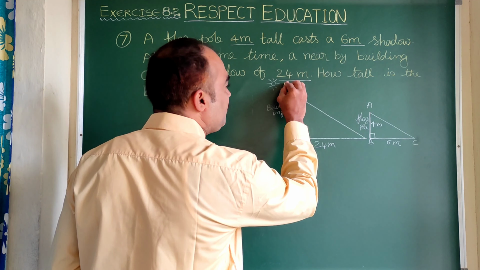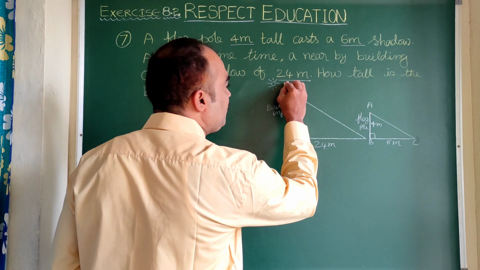Now here, when two triangles are similar, we know that their corresponding sides are proportional. That means let us write their corresponding sides.